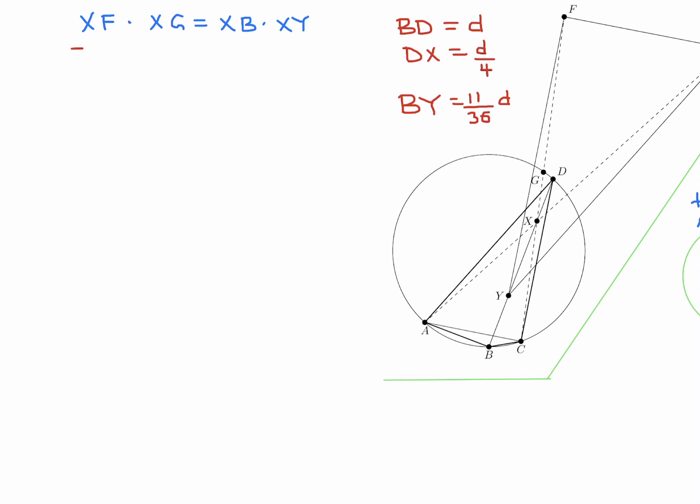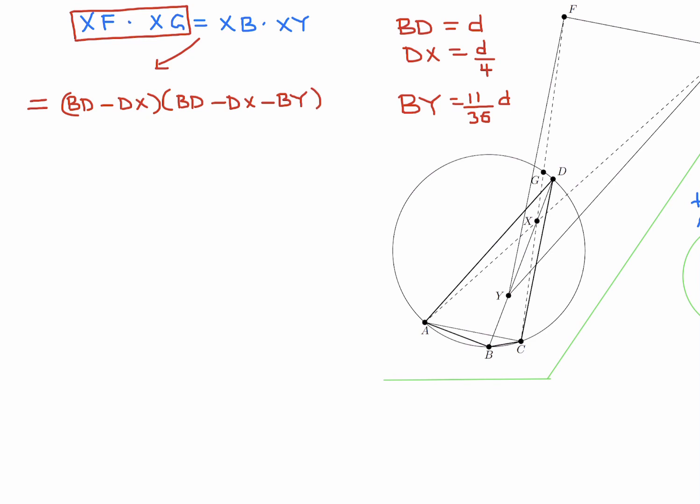All right, I think we are ready to tackle this now. Remember, this is what we're trying to figure out the value of. XB is actually BD minus DX, if we looked at that diagram. XY is actually BD minus DX minus BY.